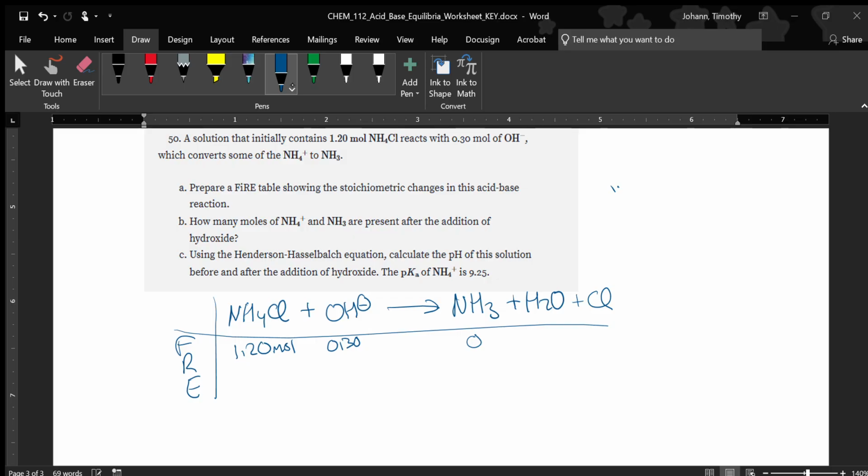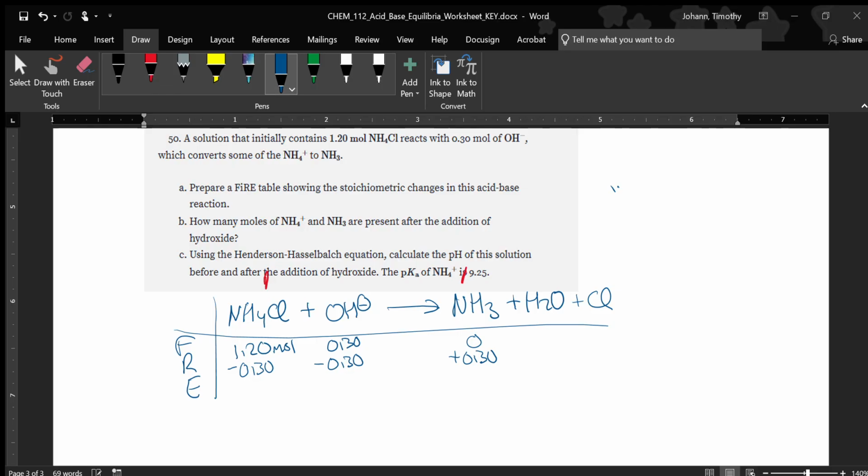So then, how much reacts? Well, the smaller of these two reacts. I'm going to have negative 0.30. That's going to react because that's all that can react. These react 1 to 1. And then I'm going to end up with plus 0.3 of this, because for every one of these I have, I get one of these.